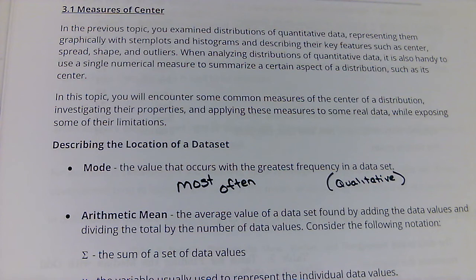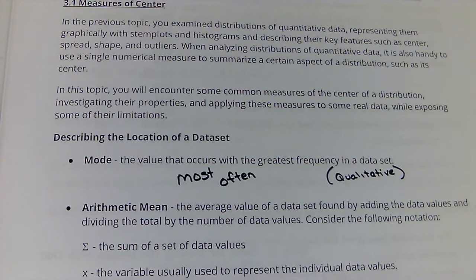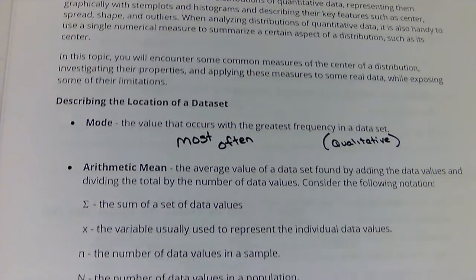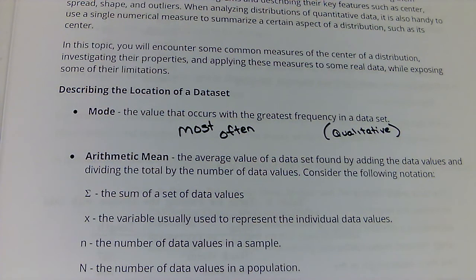Companies would want to know which product is being sold the most often, or what category is being sold the most. So we don't tend to focus too much on the mode with quantitative, but it is one way to describe the center.